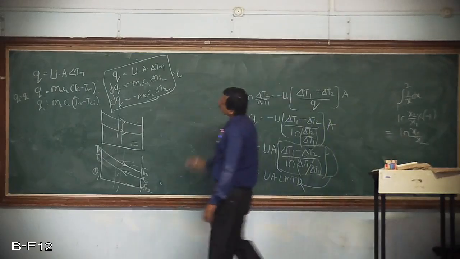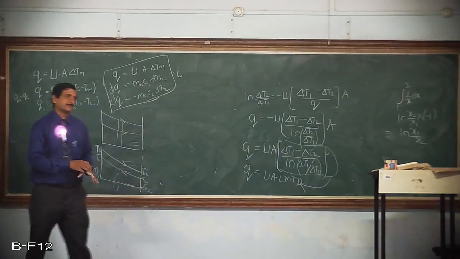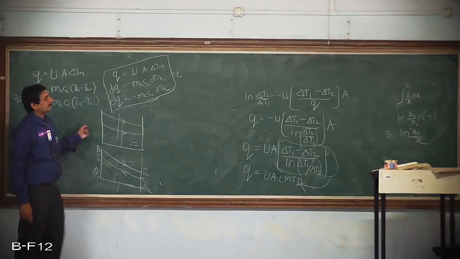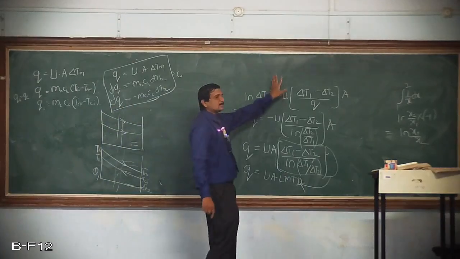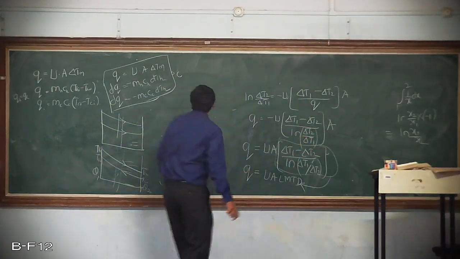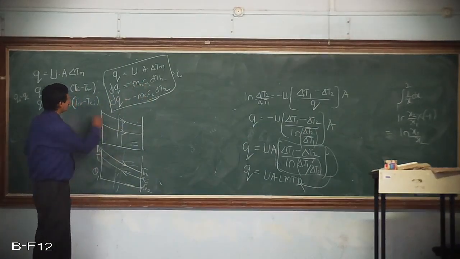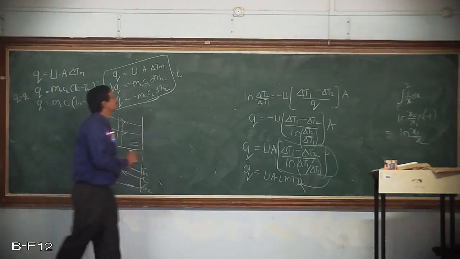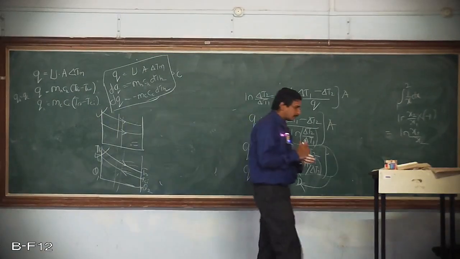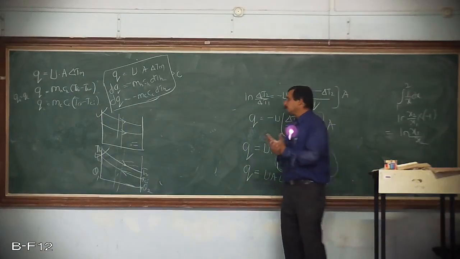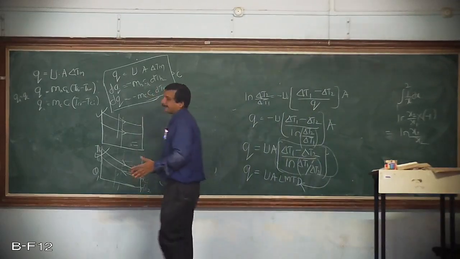Then the rest will be the same. Even when we are talking about this minus, it will come almost the same, but only the initial step changes. So this is the parallel flow and this is the counter flow. For the parallel flow, the derivation has been done, and for counter flow you are advised to do it on the same lines.